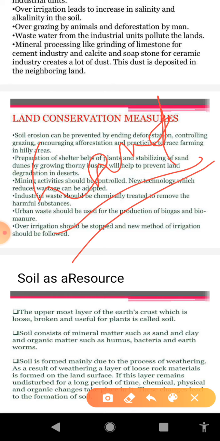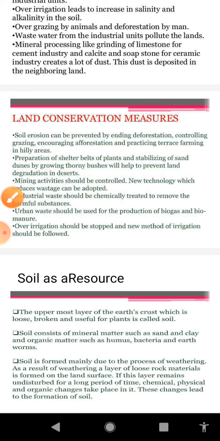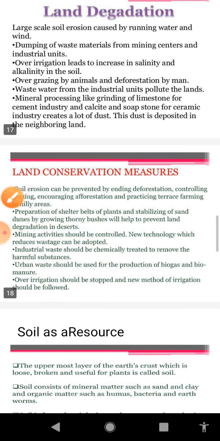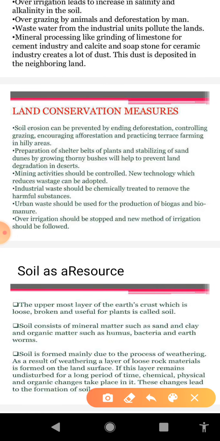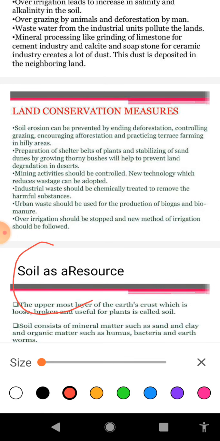After that, we will discuss some of the questions which are related to soil. With regard to the first question we may be getting from the topic soil: what is soil? Define soil.